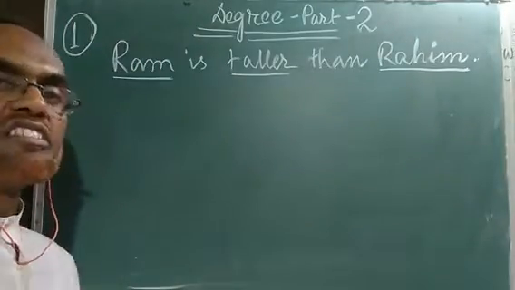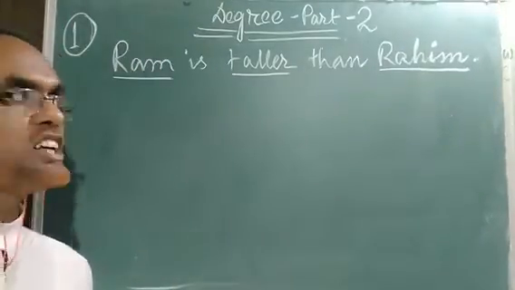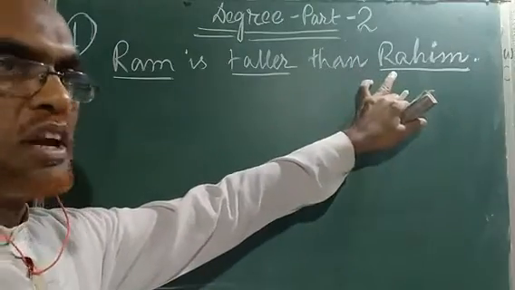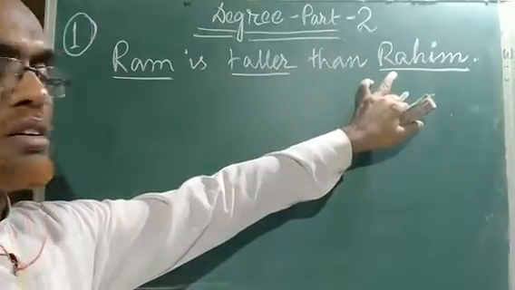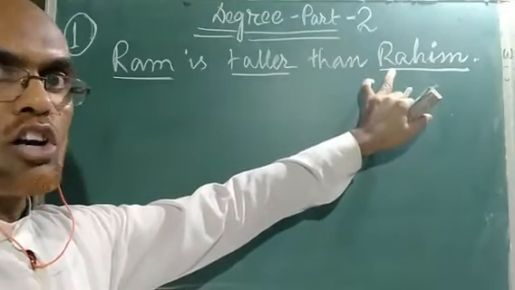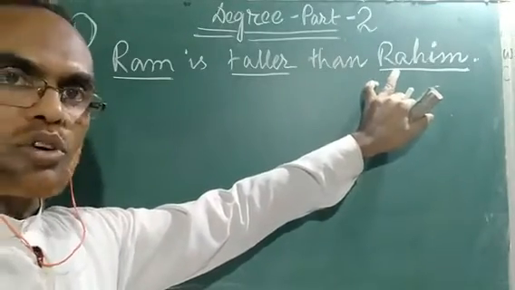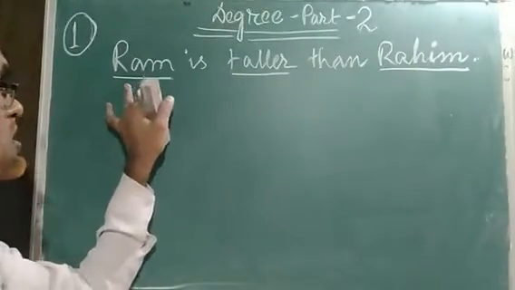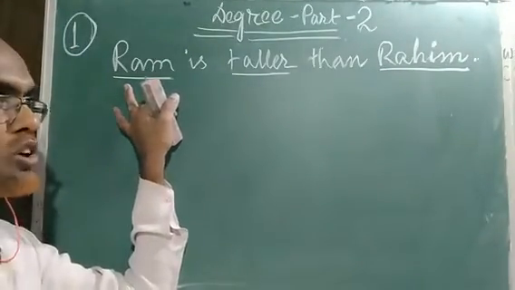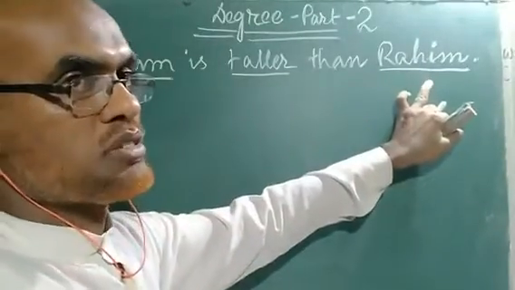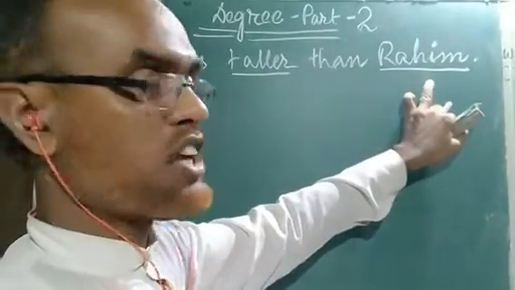When we turn it into positive degree, then we must bring the last object or noun, or there may be a pronoun, to the first position, and the first noun or pronoun or subject we must replace to the last as object.